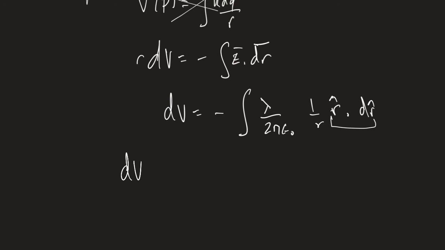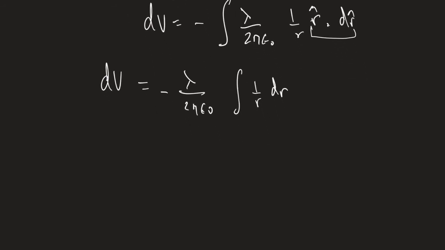Well, we can use the distance R. dV will be lambda divided by 2 pi epsilon 0 times the integral of 1 over R dr, with the minus sign.